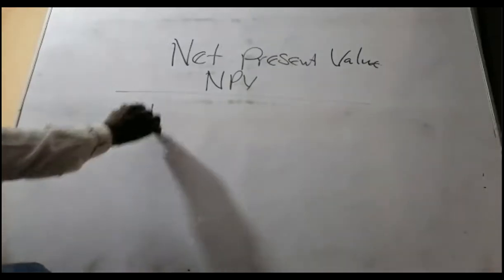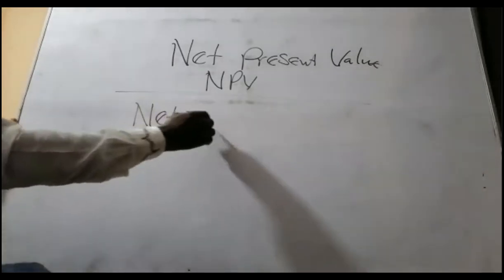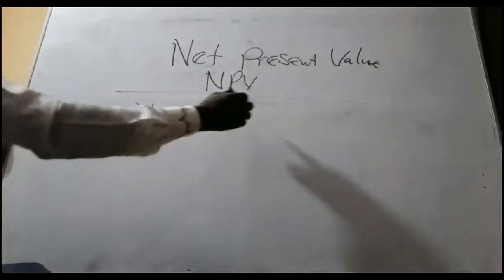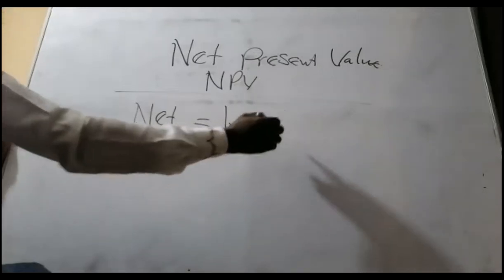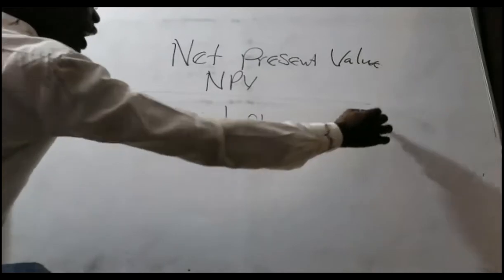Net means we are subtracting something from something. So net means all benefits, all cash inflows, less all outflows.